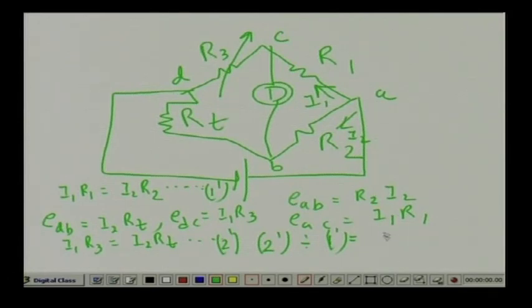I will get RT by R2 equal to R3 by R1, or RT equals R2 into R3 by R1. So, you see that if I take these two resistances R2 and R1 equal, then what will happen?